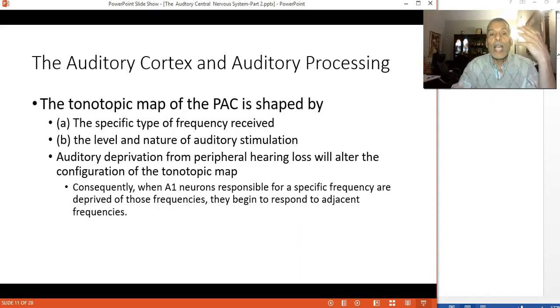What happens when someone has what is needed, but there are problems that obstruct the sound and make it not go through accurately or at all to the cochlea, to the brain to be processed? All of that is auditory deprivation, if there are obstructions that prevent the sound from going fully or enough to the brain.